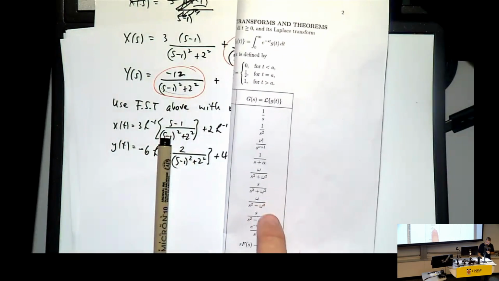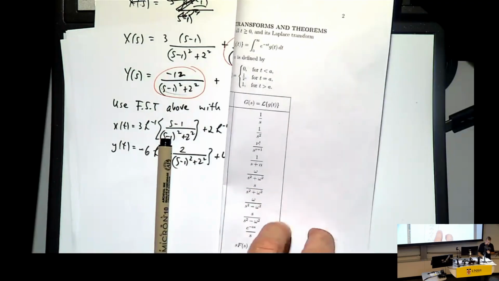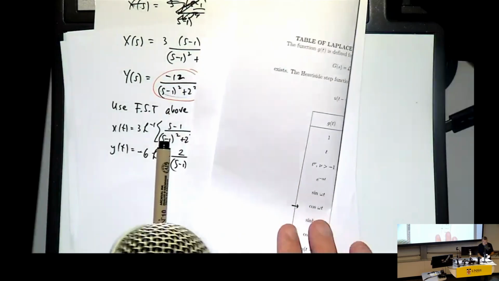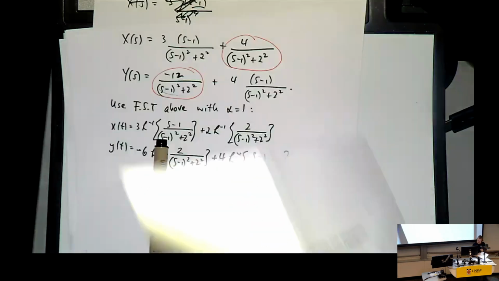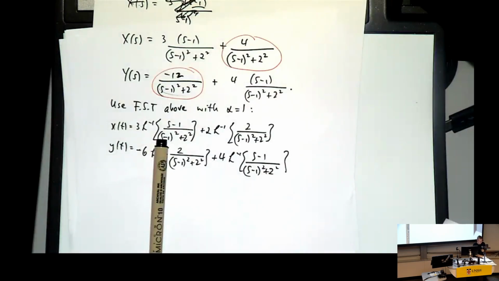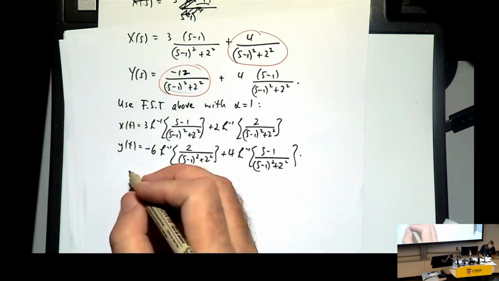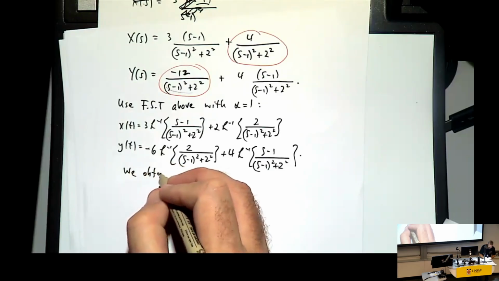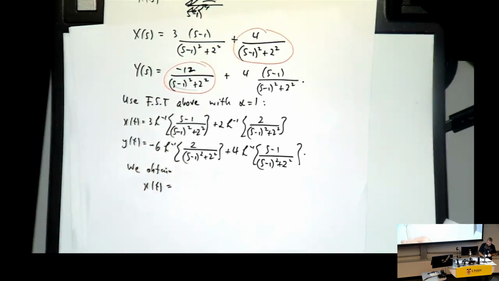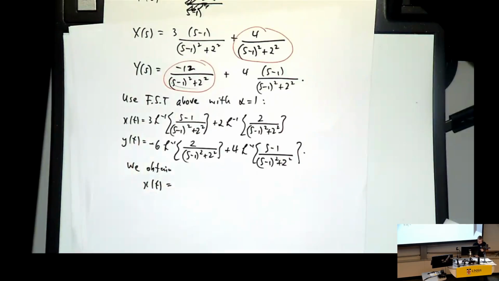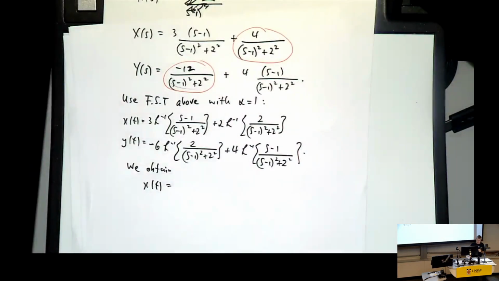It looks a bit like this one. Yep. So that's going to be a cosine. All right, that and that. And the other one's going to give you a sine. Okay. So it's going to be 3 times an exponential, because remember the inverse transform is a product, times either a cosine or a sine function.